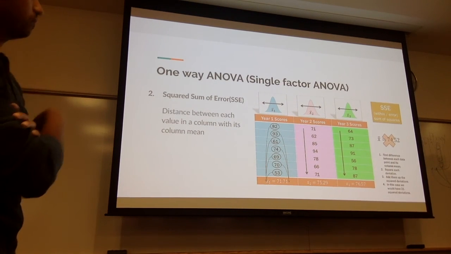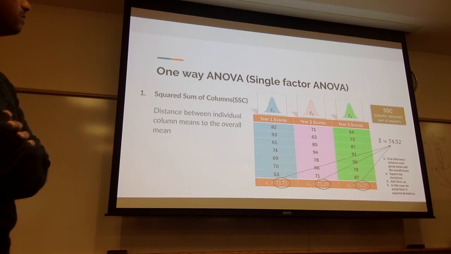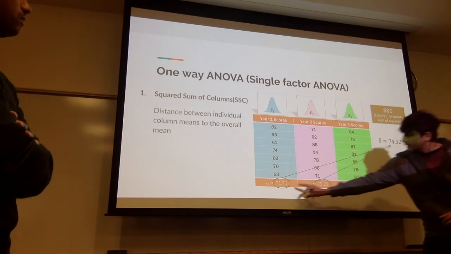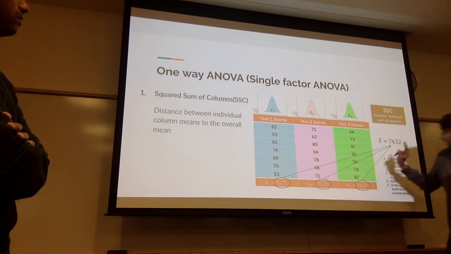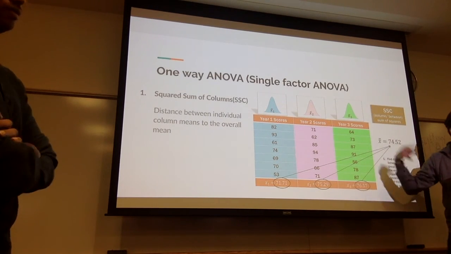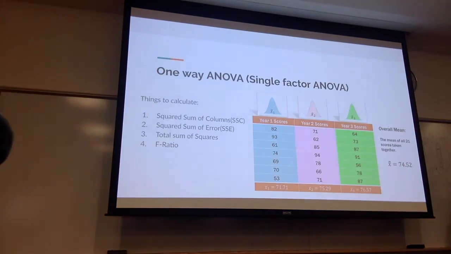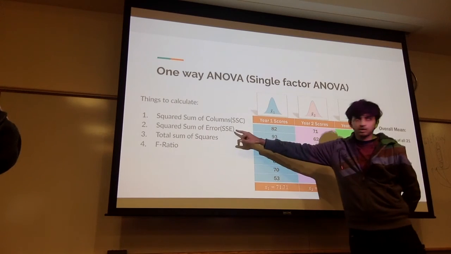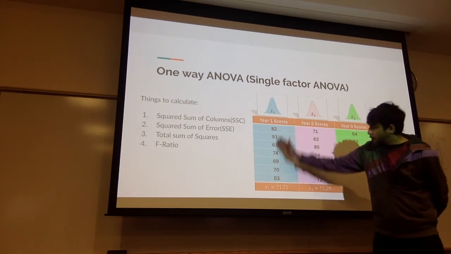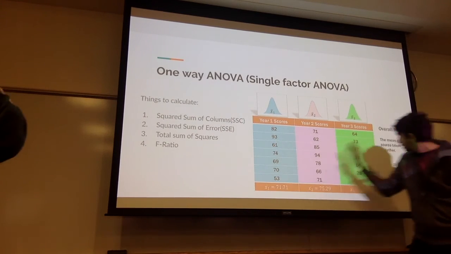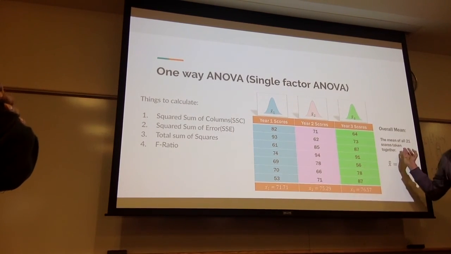Now I need the error between the columns and the overall mean. I take the column's mean and the overall mean, find the deviation, square it, and then sum it. So I got two things: within the column I got the error, and between the columns I got the error.